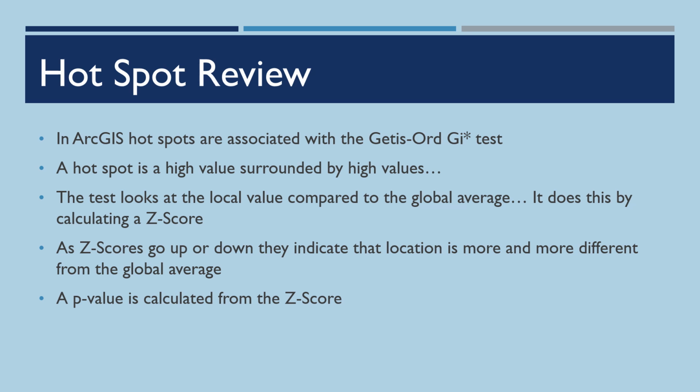What it then does is compare the value in that local area around each spot to the global overall data set and converts all this into z-scores, so that you can see just how close to the same they are or how different. And then from z-scores you can calculate p-values.